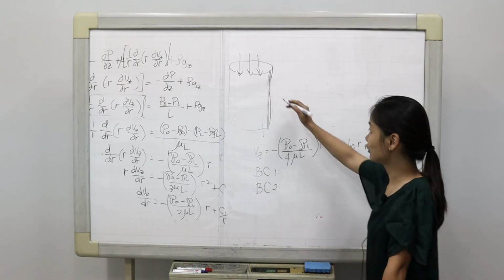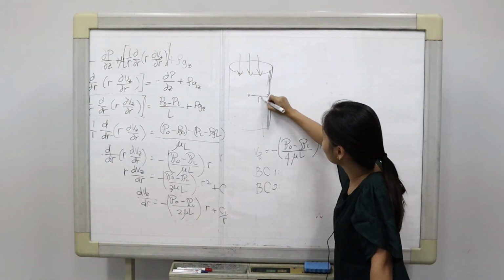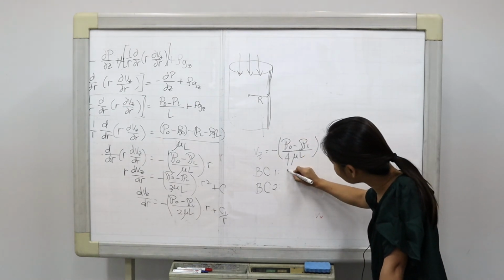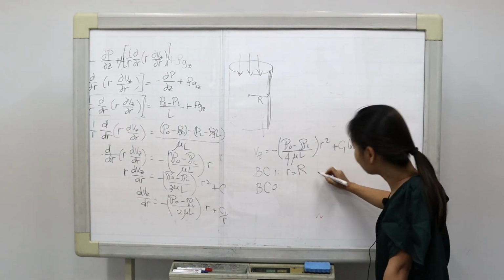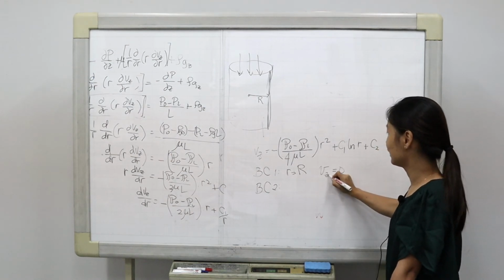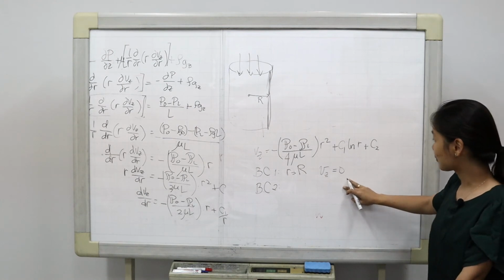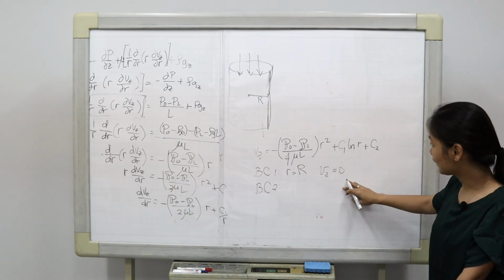For the first boundary condition, we know that at r equal to capital R, the velocity must be 0. So by using the first boundary condition, we can see that, wait a second.